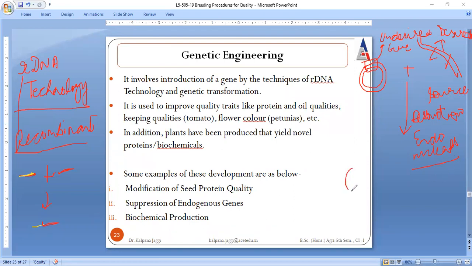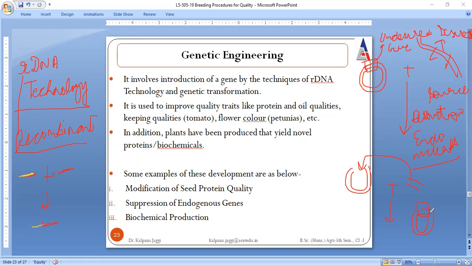As a result, we have removed the undesired gene, and on the other hand, the required gene is also isolated. Now both of these will be combined here. This is genetic content and this is also genetic content, so two DNAs are combined together.